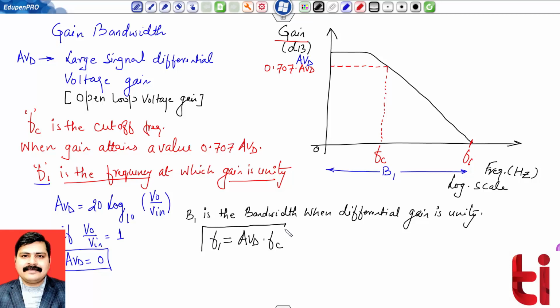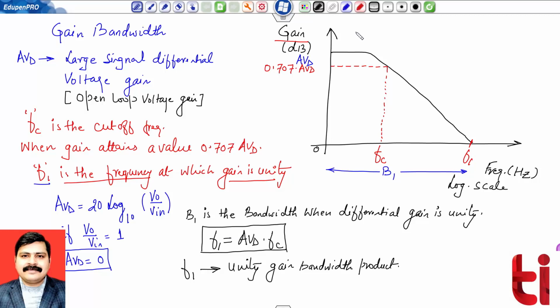Sometimes this F1 is also termed as the unity gain bandwidth product. This is also known as unity gain bandwidth product.